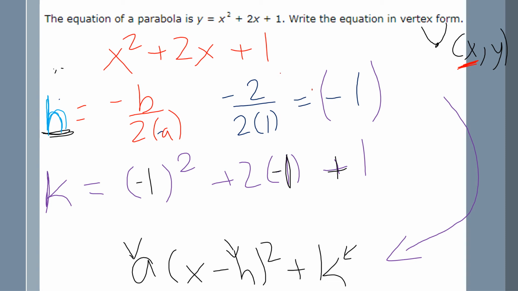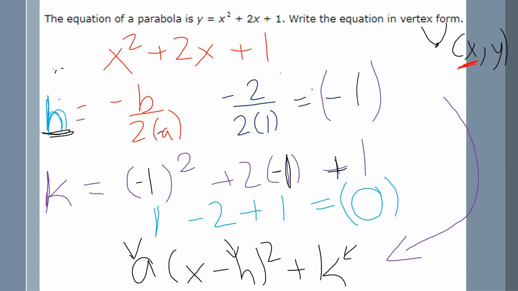So let's do it. We know that negative 1 squared is positive, because negative 1 times negative 1 is positive. 2 times negative 1 is negative 2, plus 1. That gives me 0 for k.